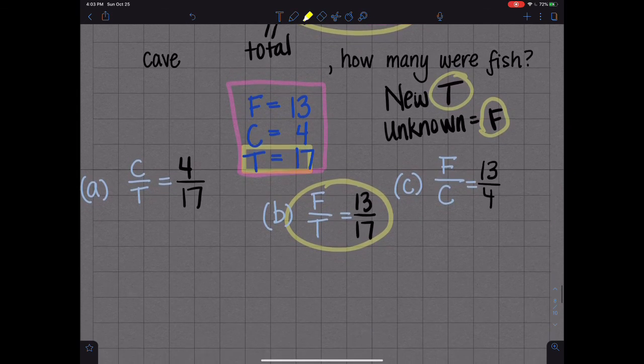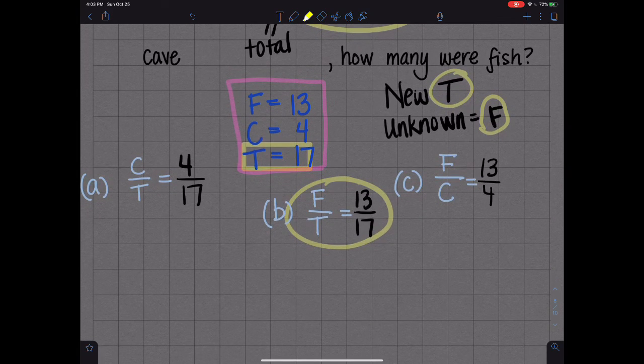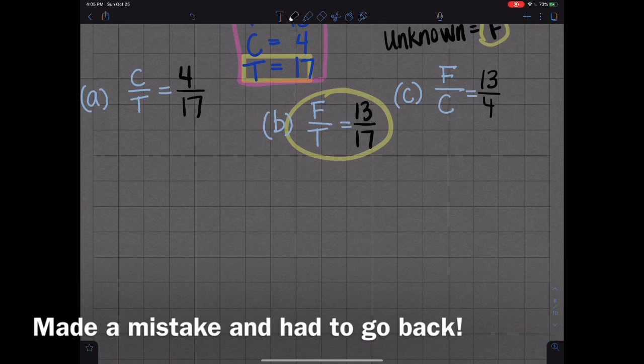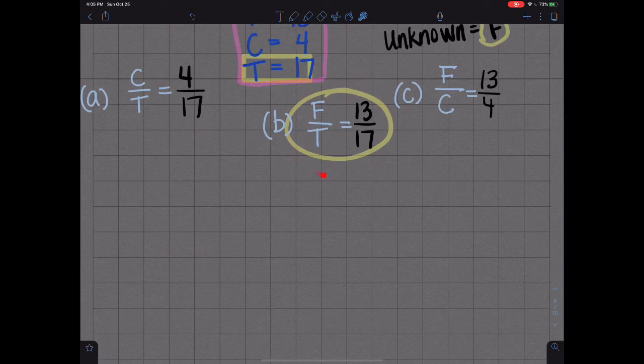So we're obviously going to use this equation right there because there's an F and because there's a T. Okay, Zach, so the equation that we're going to use is this one right here. F over T is equal to 13 over 17. Okay, so I'll write it like this. F over T is equal to 13 over 17.